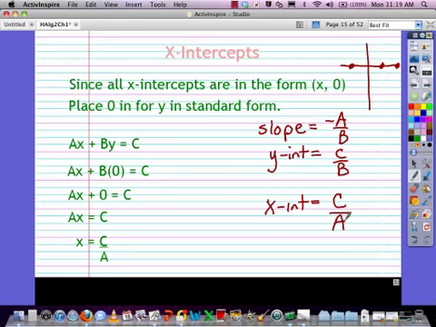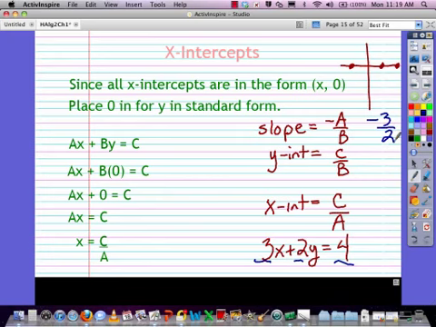Going back to the equation we had up there, I believe it was 3x plus 2y equals 4. You would first identify what your a value is, what your b value is, what your c value is in standard form, and then you would place them appropriately according to our shortcuts. So here we go. The slope of this line would be the opposite of a. Well, a is 3, so the opposite is negative 3, over b, which is 2.